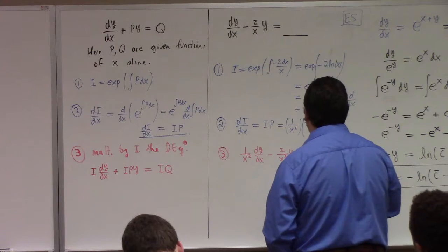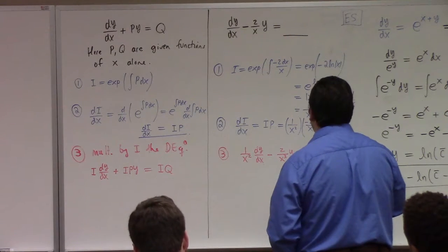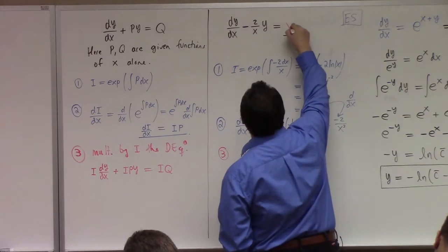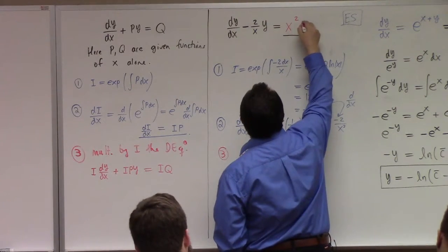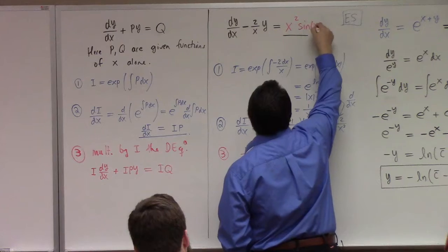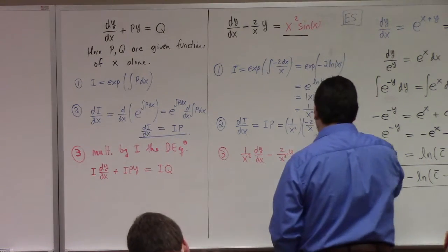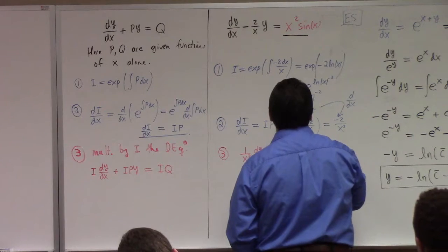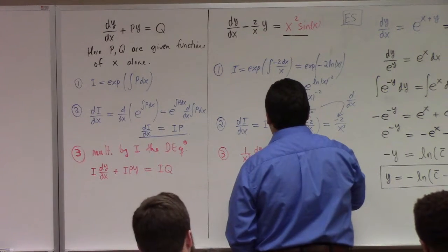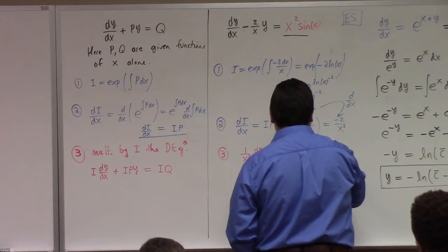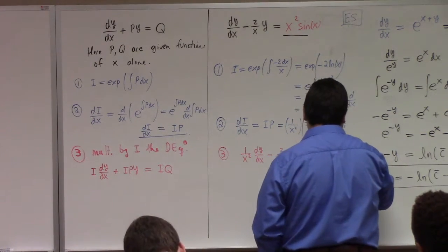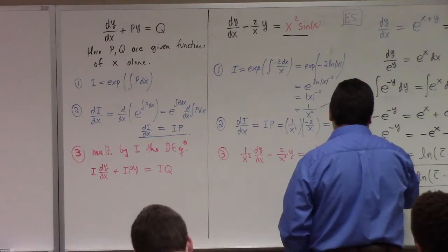I meant to put an x squared sine x here. There we go. So we have 1 over x squared times x squared sine x, otherwise known as sine x, right?